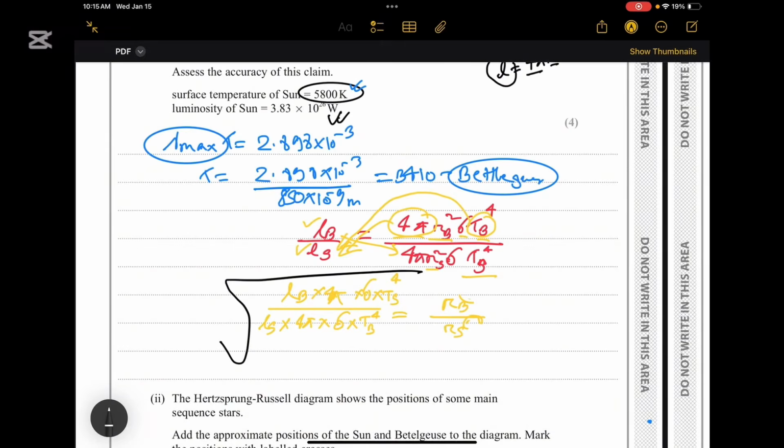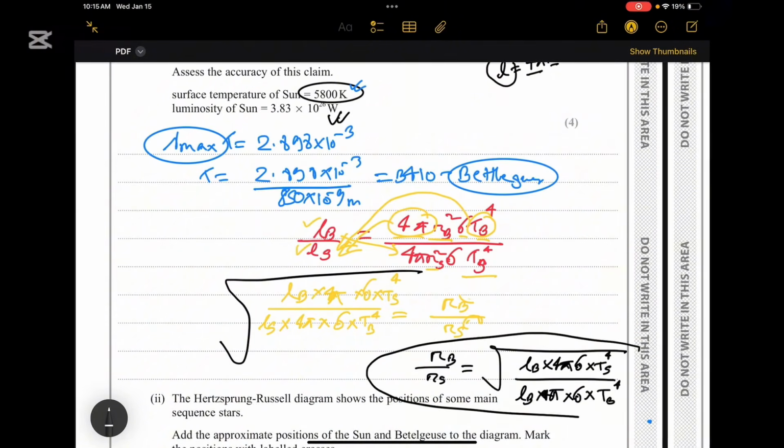So now our formula is RB divided by RS is equal to root over luminosity of B into 4 pi into sigma into temperature to the power of 4 of the sun, divided by luminosity of sun into 4 pi into sigma into temperature of Betelgeuse to the power of 4. Now if we put everything right here, we will get the answer.